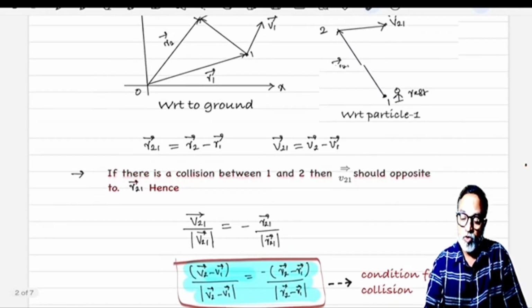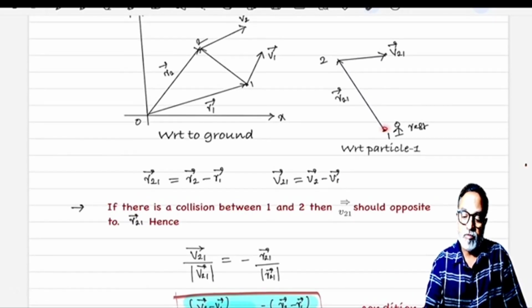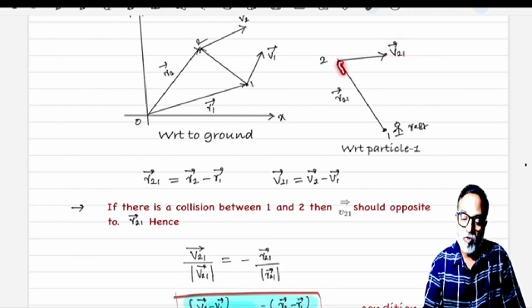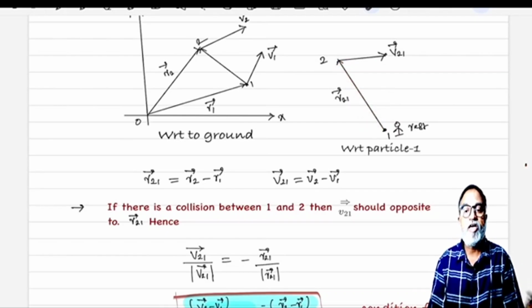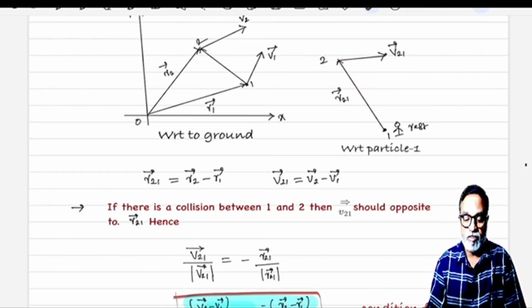Here, there should be some collision between 1 and 2. This is only possible when the velocity vector of 2 with respect to 1 is opposite to the position vector, meaning their unit vectors are in opposite direction.